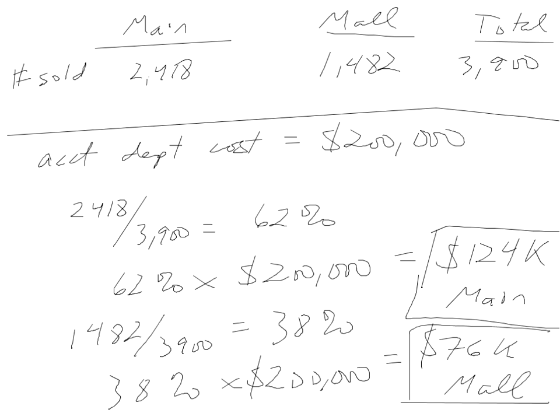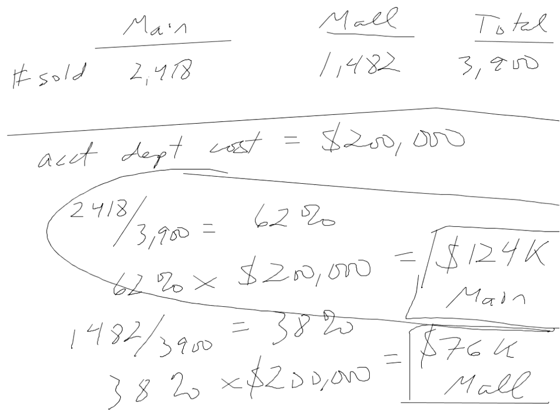So you can check this work by adding these two up, 124 and 76, and that gives you $200,000. Or you could even shortcut it a little bit. You did your first calculation, you got your $124,000. From this point, you could have just done 200 minus 124 to get 76. However you want to do it, whatever's easier for you, do it that way. You can do it a couple of different ways just to check yourself, but that's how you would allocate based on the number of computers sold.